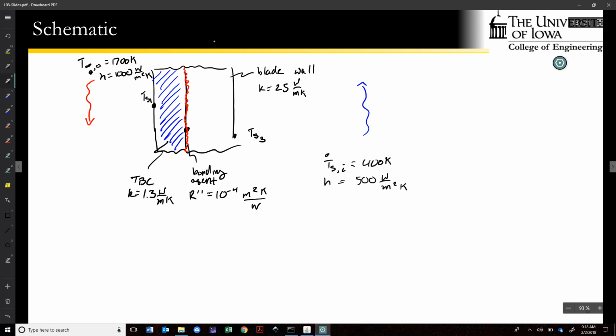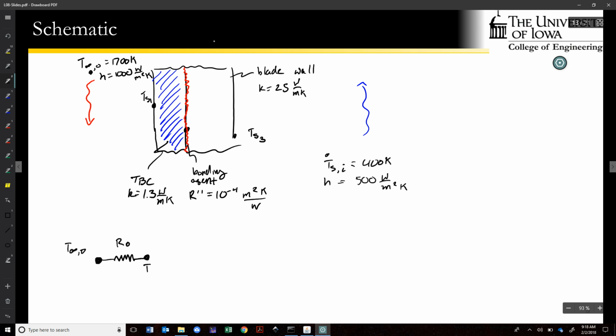So our resistance network here is going to look like this: our first node represents what temperature? It's going to be T infinity outside. We're going to have a resistance that represents that convective heat transfer between the air and the wall.